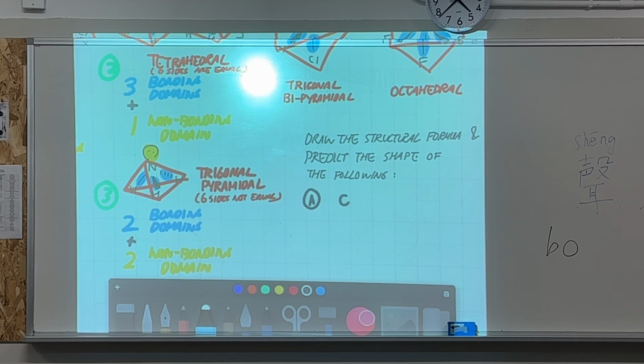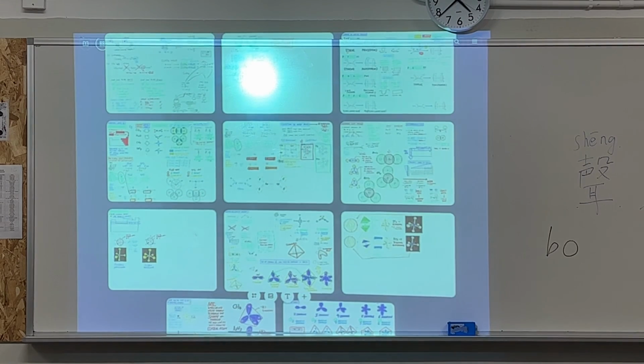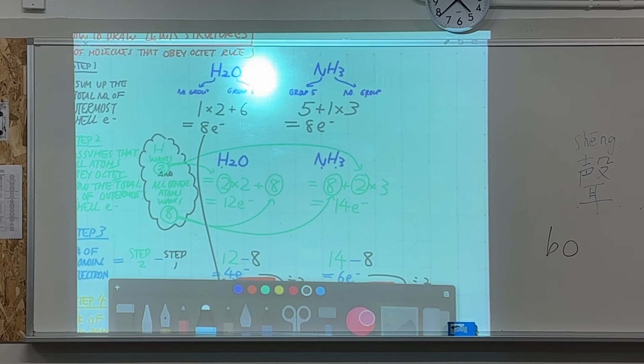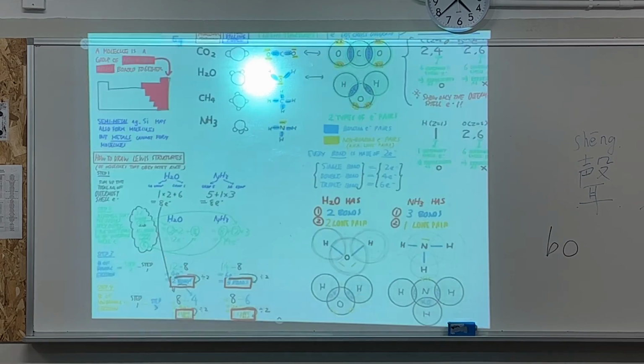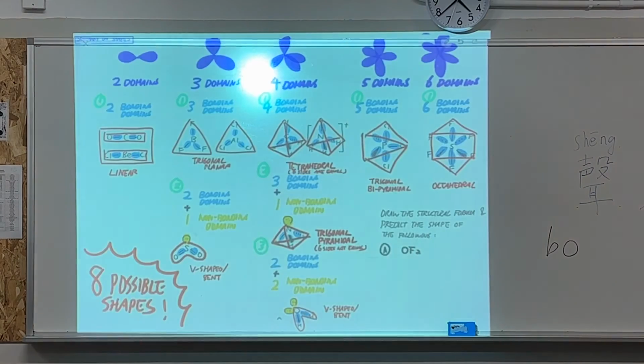So you have OF2. I can tell that O is at the center, F is on the side. Figure out the shape. You need to first draw using the method I taught you lessons ago. You need to first figure out how many bonding domains and how many non-bonding domains there are. And then use that together with this page to predict the shape of the molecule.